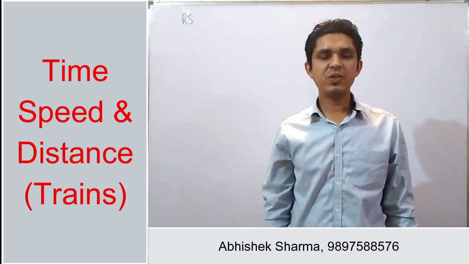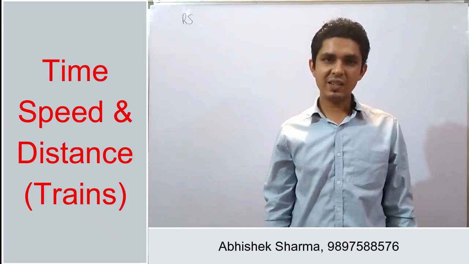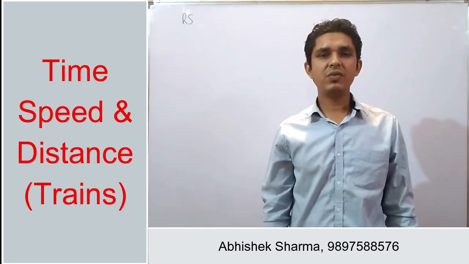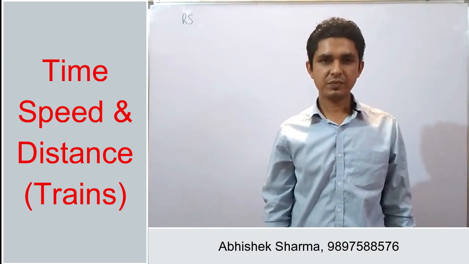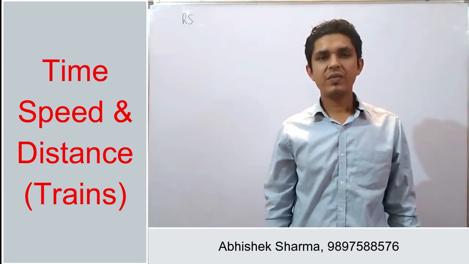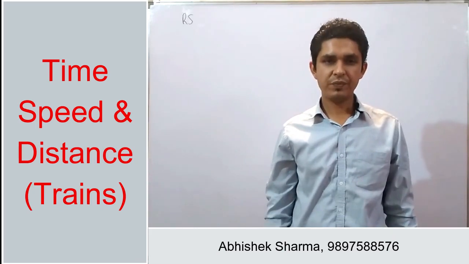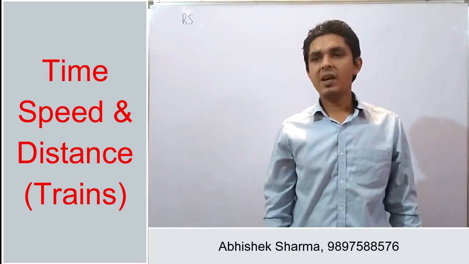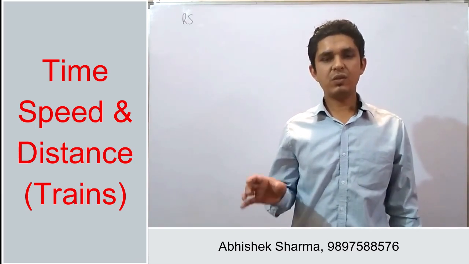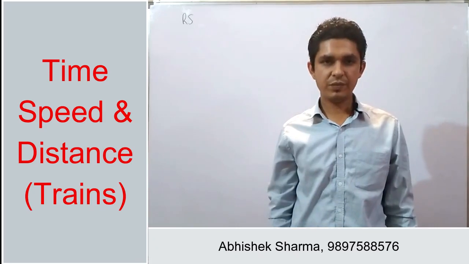Then the relative speed is x minus y if x is greater than y, or y minus x if y is greater than x. And if A and B are moving in opposite directions, then the relative speed is x plus y, right? And when we do questions on trains, the total length is nothing but the sum of the lengths of the trains, right?